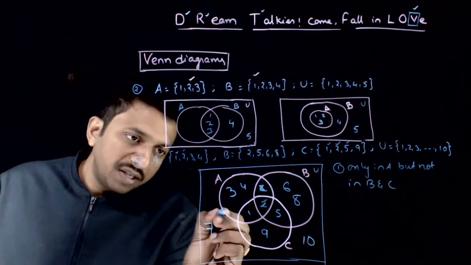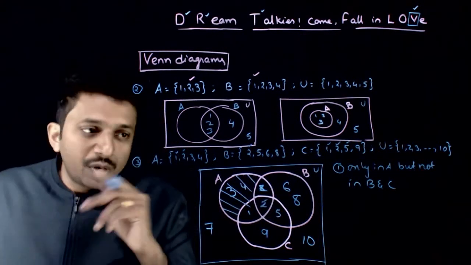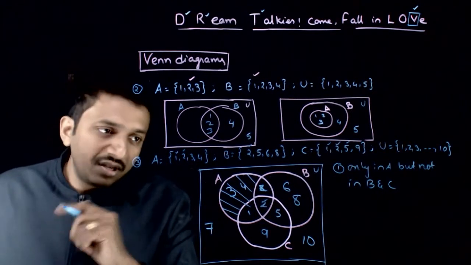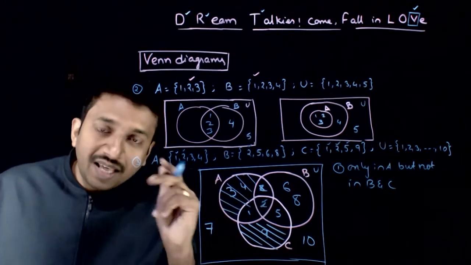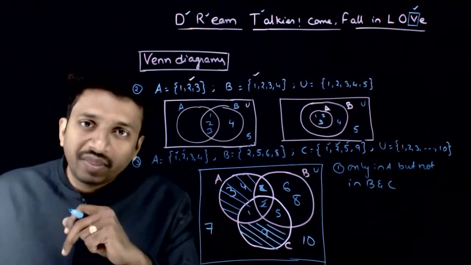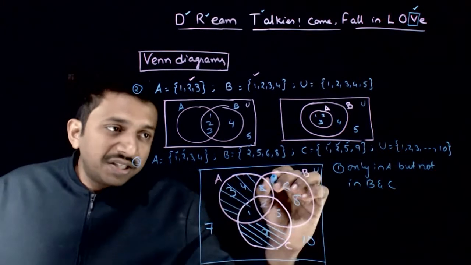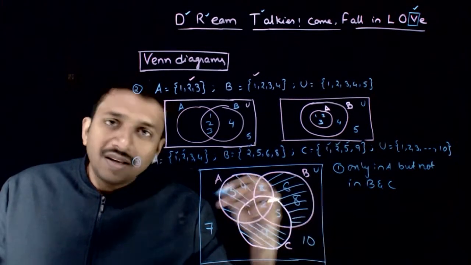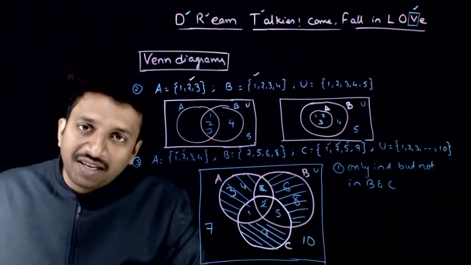If I darken this, this is the area corresponding to the elements present only in A but not in others. Similarly, if I ask you to find elements only in B but not in others, you have to see the elements in this area, 6 and 8.